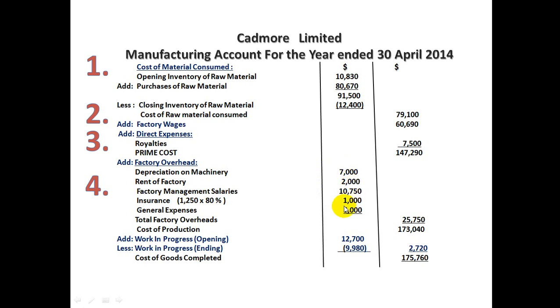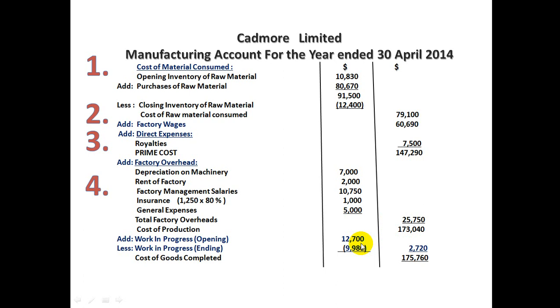The sum of all these items will be written in this column, and this total FOH or factory overhead is to be added to the prime cost. When we add it to prime cost, our final amount will be termed as cost of production. This could be the final result of the manufacturing account, but if work in progress opening and work in progress ending are given to us, they are to be added and subtracted in this cost of production.